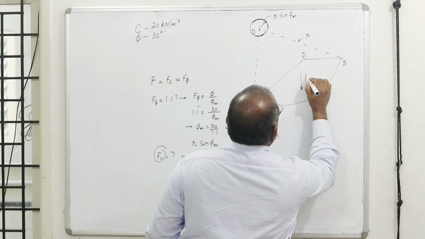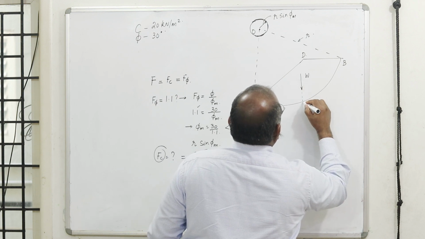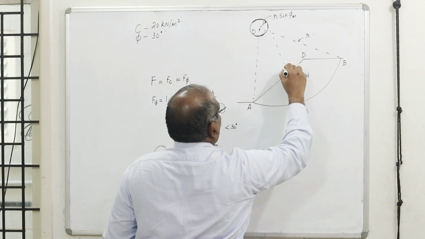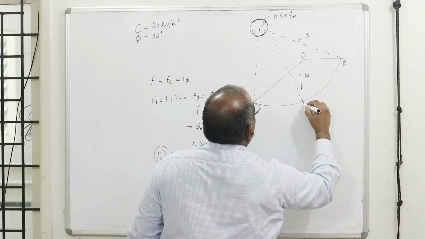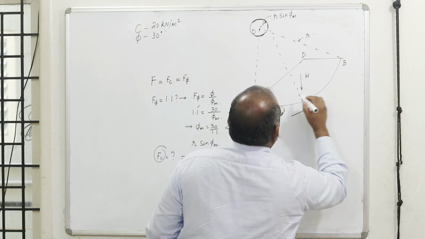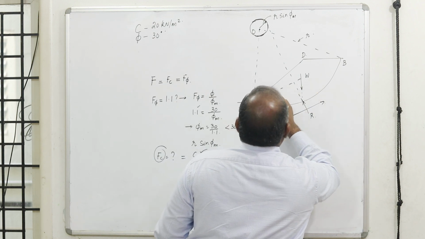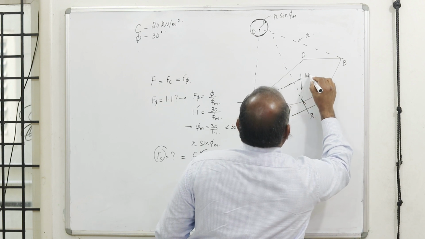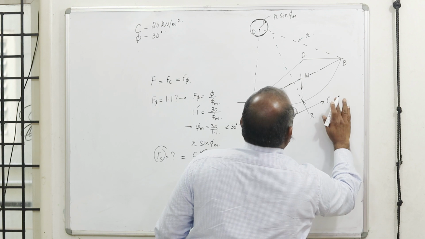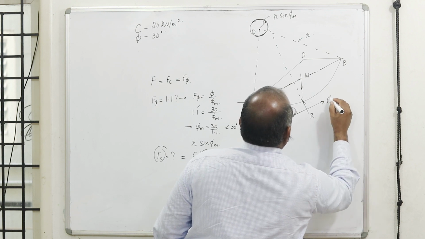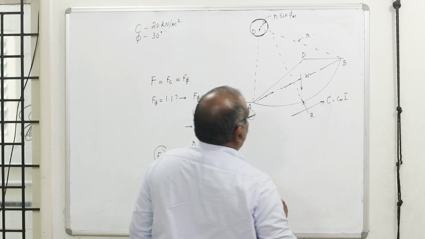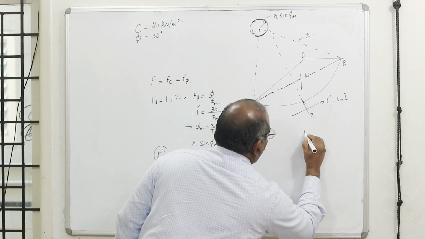I am going to find out what is W. I know my R, which will be passing through, okay, this is R, and I have my cohesive force parallel to the chord. This is the cohesive force into L chord.